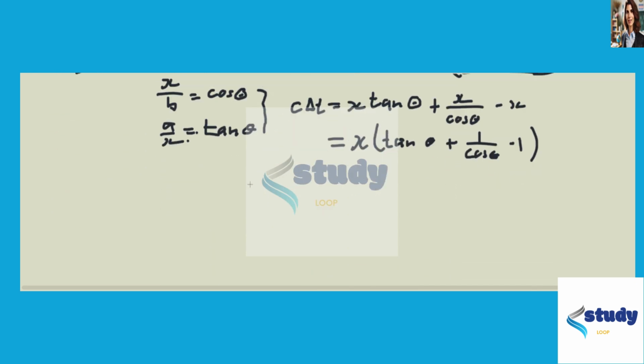And so if you plug this in, then you get that x is equal to c times delta t divided by the tangent of theta plus 1 over the cosine of this little theta minus 1.